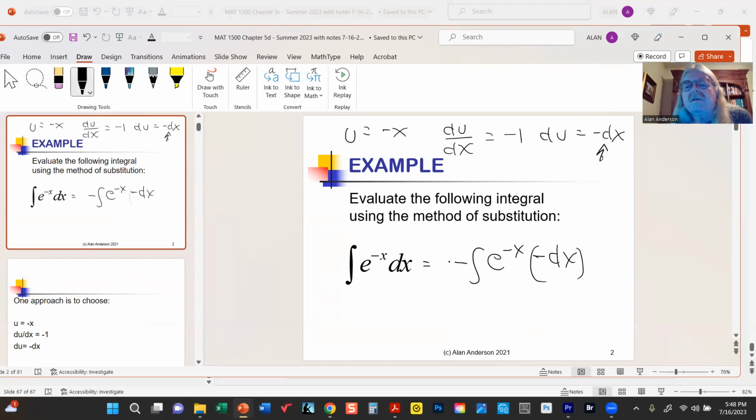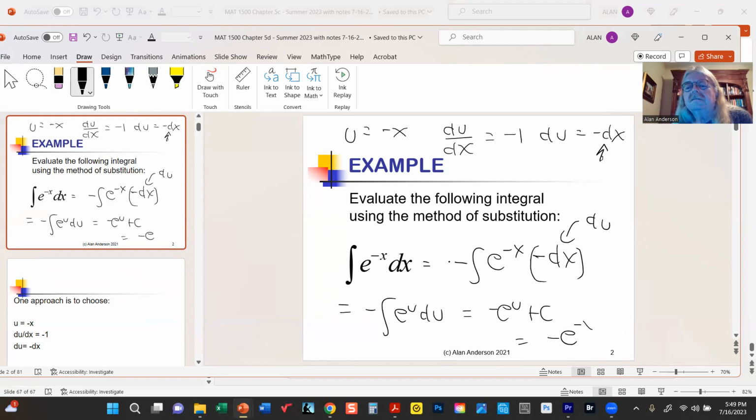Okay, much better, because now look what we have: negative e to the u. Now this really is du. So now we end up with minus e to the u plus c. Now we're good.